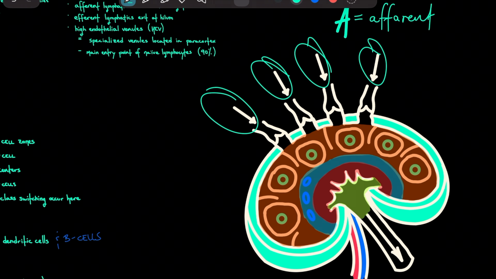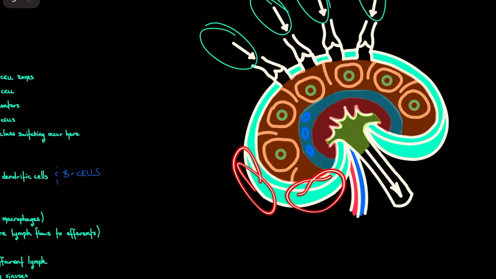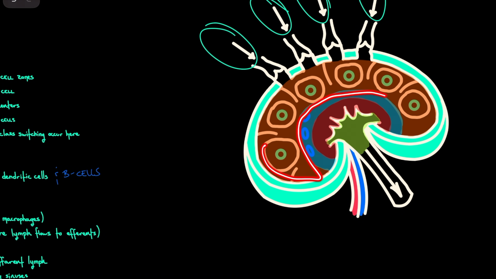So A for arrive, they're arriving at the lymph node, delivering all that good lymph to the lymph node for it to get checked. The teal on the outside here, all this teal, that is that dense fibrous capsule protecting the lymph node. And then in the orange, that is the cortex. These little lines in here, those are the trabeculae shooting down.